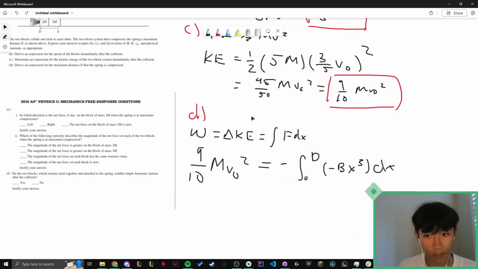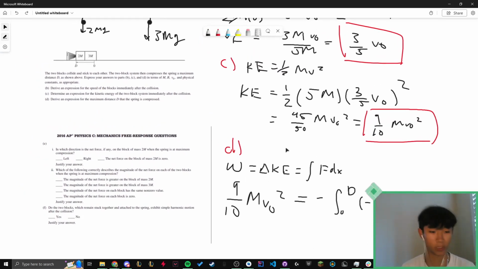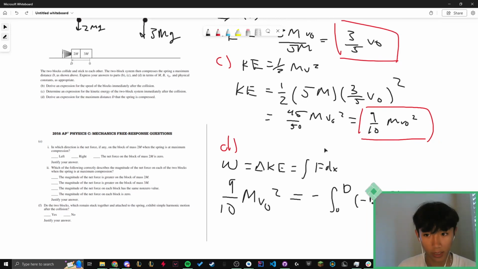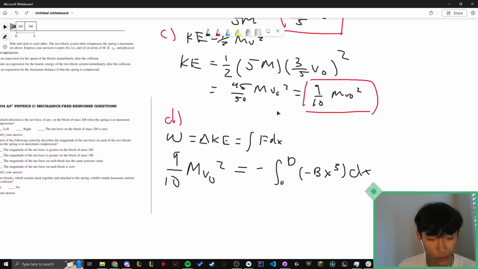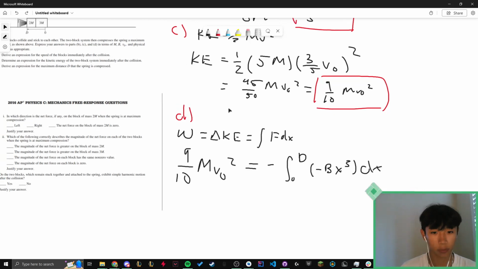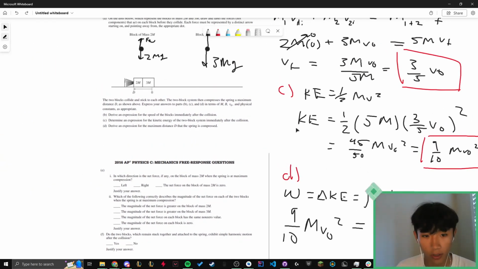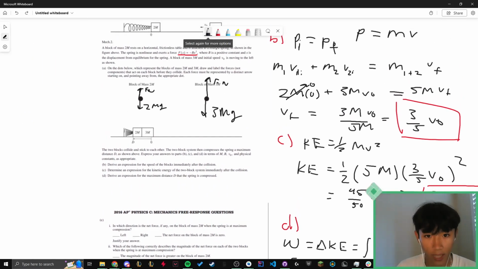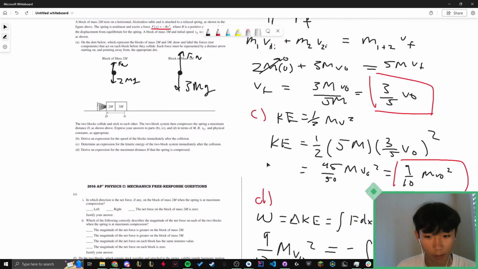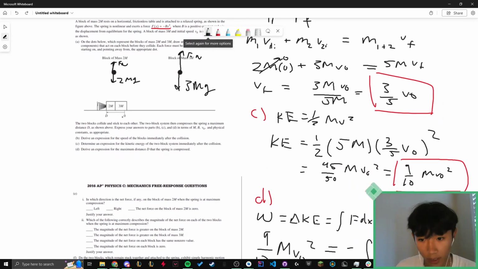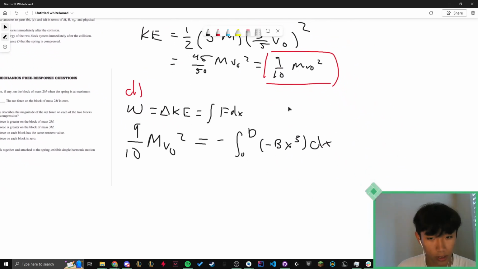Well, if you look at the direction of motion and the displacement, that's why it's negative. And why is it 0 to d? Well, the initial displacement is 0 because the spring is relaxed, it's at rest, and it moves a displacement of d, as we can see from this. It's at 0 and it moves to d. So that will be our equation.